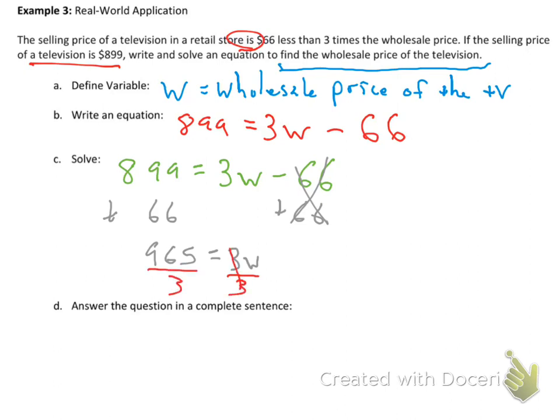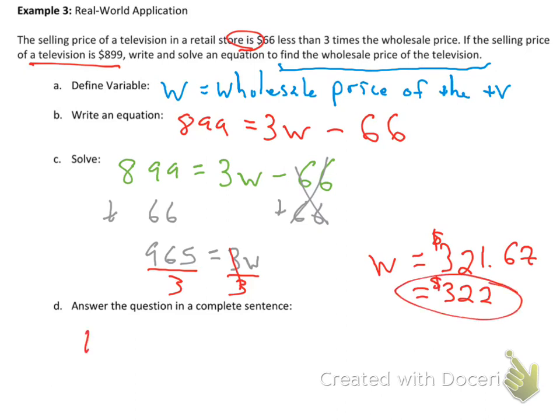Okay, let me use my calculator real quick. Divided by 3. And the wholesale price is going to be about $321.67. So you can round that up to $322.